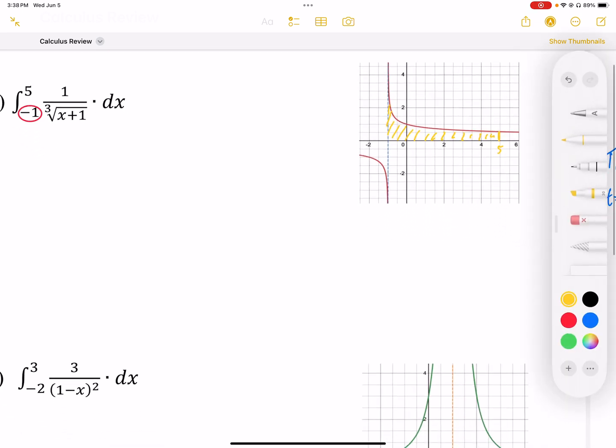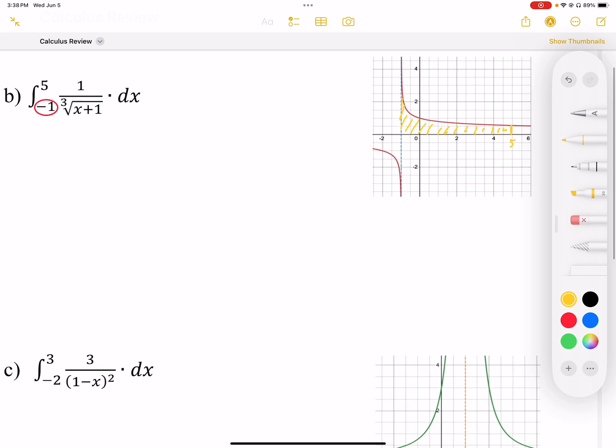The limit is really a formal way to do this, and to do this properly we need to use that limit notation. It doesn't actually affect our calculation though. So I'm going to now use a limit. I'm going to use a variable t. Sometimes we use different variables. And I'm going to approach negative 1, but I'm approaching it from this side, so it has to be from the positive side.